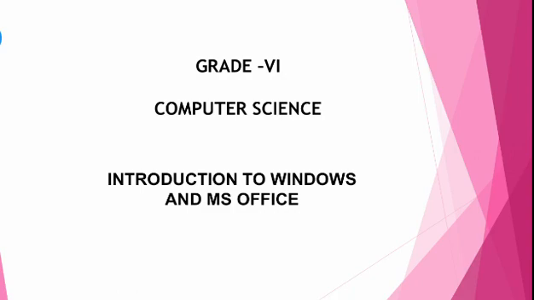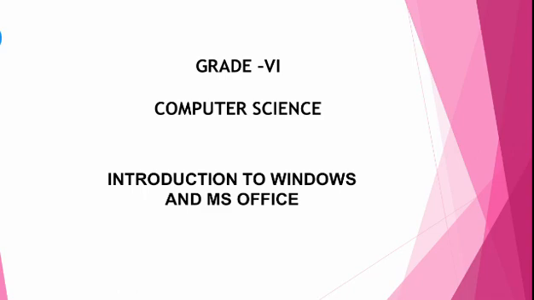In this chapter you are going to learn in detail about the MS Office package, what all the things in it are, the way it is used, and how to apply it. So let me get into the topic now.